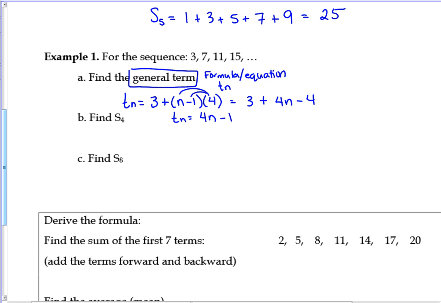So finding S4, how would I get S4? 3 plus 7 plus 11 plus 15, which gives me 10 plus 26, which is 36. Okay, I want you to find S8.